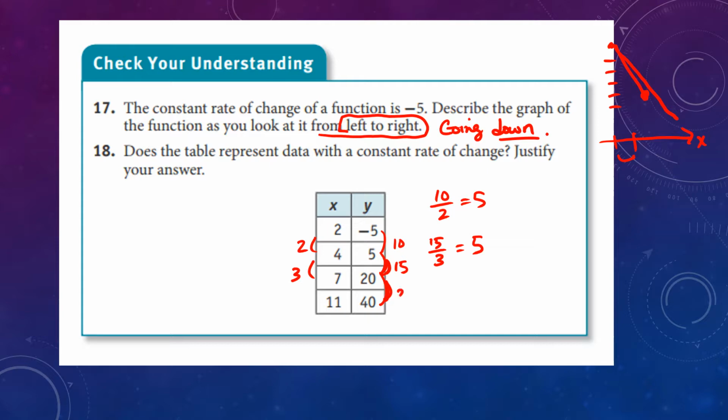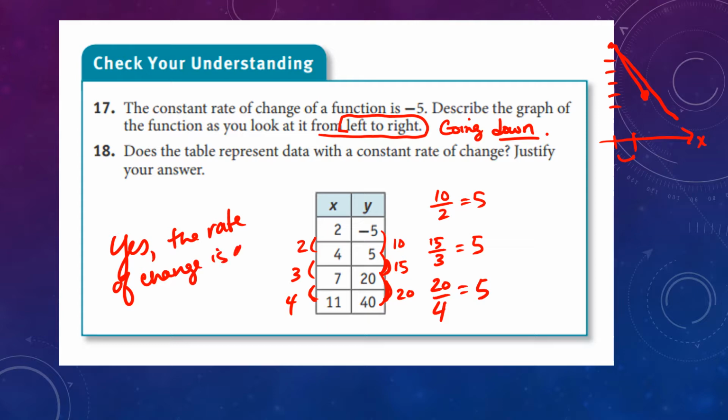This one's 20, and this one is 4. 20 over 4 is also 5. So yes, the rate of change is always 5 over 1. If we reduce those changes, we would always get 5 over 1, or 5.